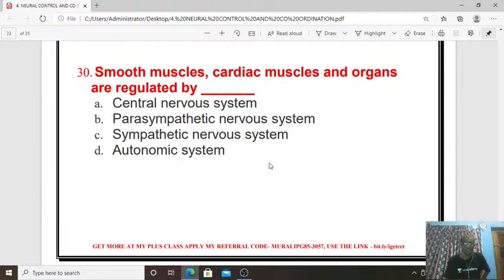So involuntary organs, like smooth muscles, cardiac muscles, and organs of respiration, heart, digestive and excretory processes, are all regulated by the autonomic nervous system. So answer is D for 30th question.